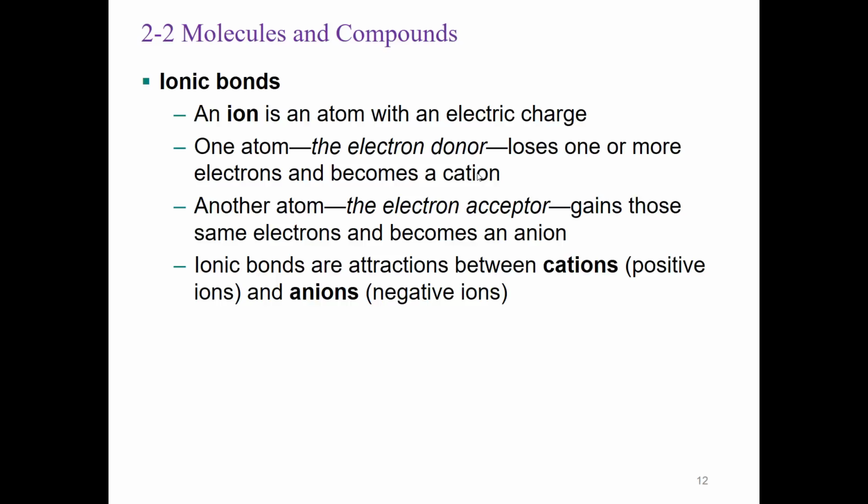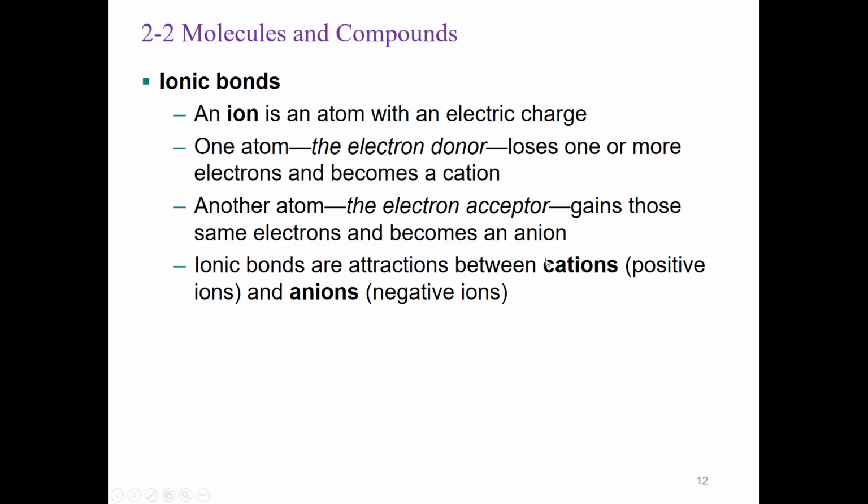Another atom in the ionic bond is going to be what's called the electron acceptor. This guy is going to take the electrons. So when we take electrons, we're taking on extra negativity. That's going to make the atom more negative than it used to be. So that atom or ion will be called an anion. An anion is a negatively charged atom.